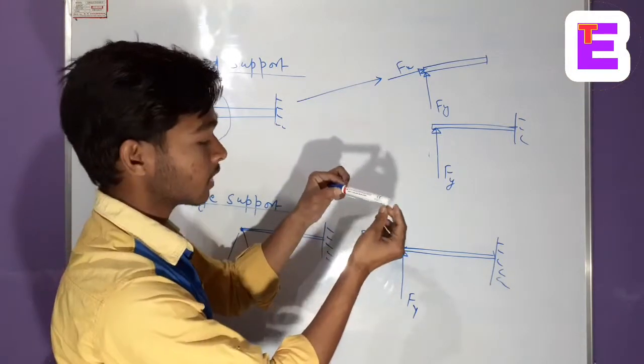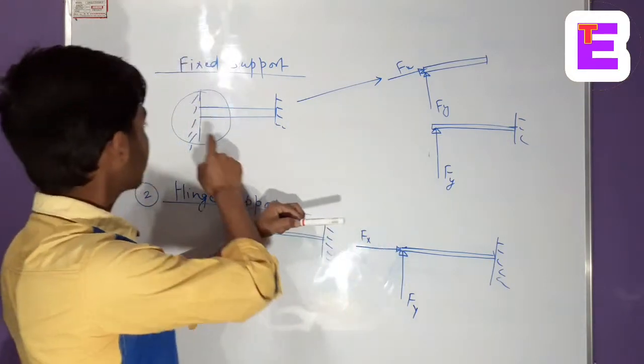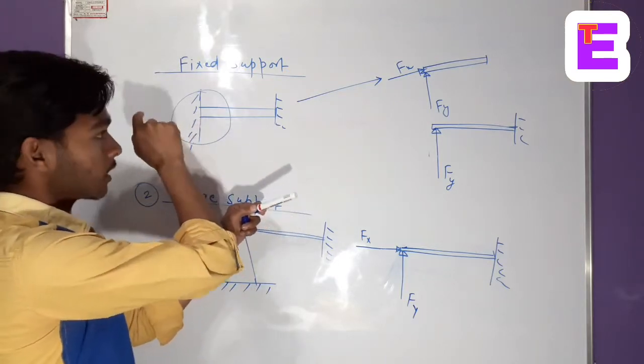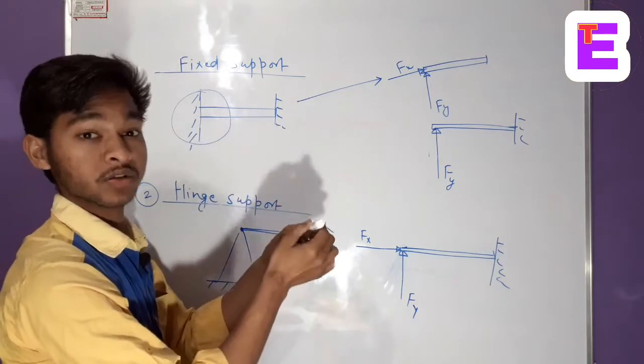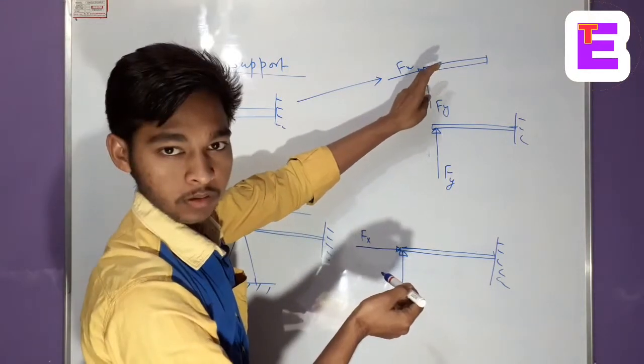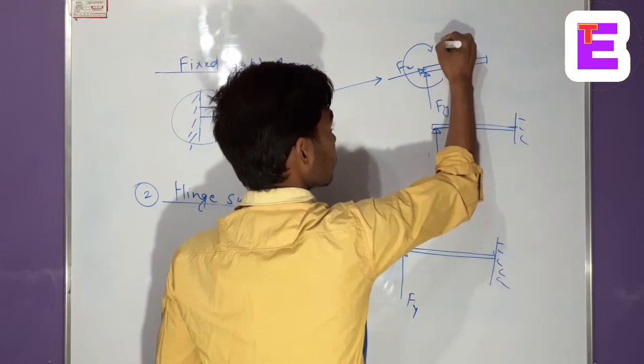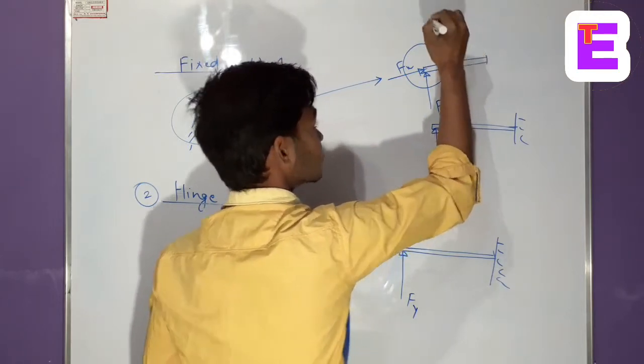If a moment is there, then it will rotate, so it is opposing the rotation also, so it will apply some moment to this point. Okay, so say moment z is applying here.